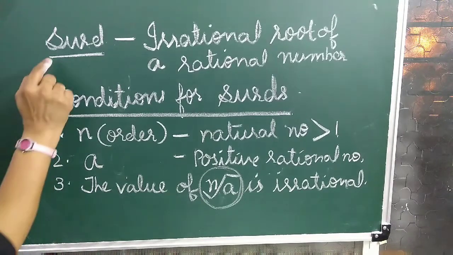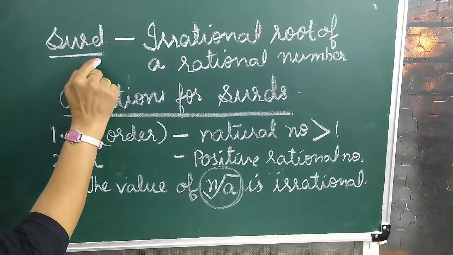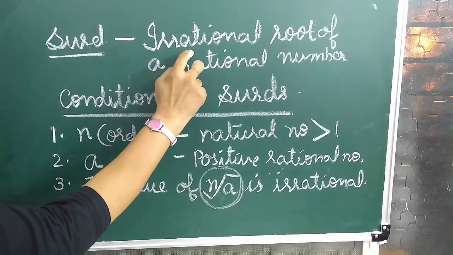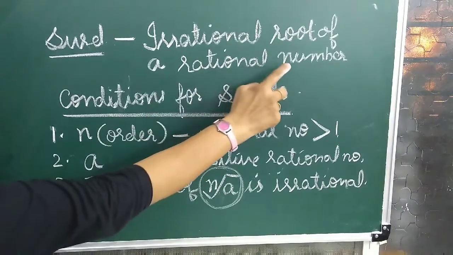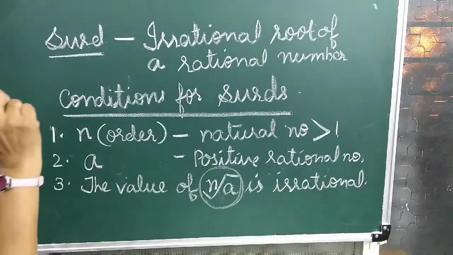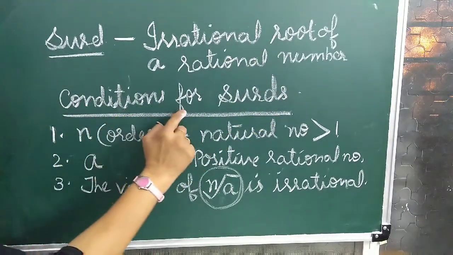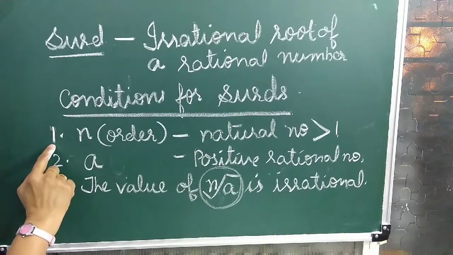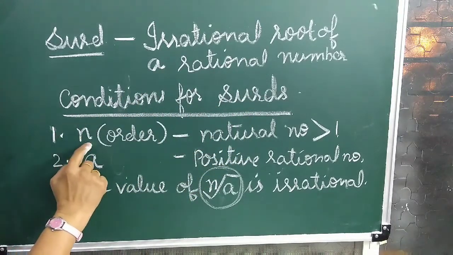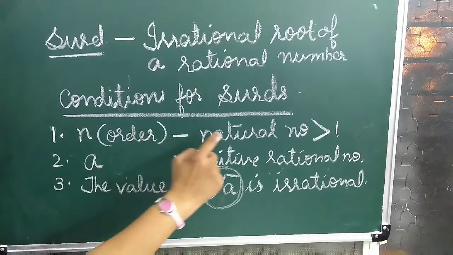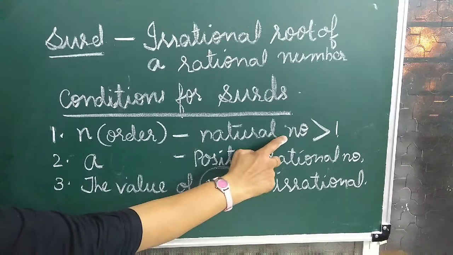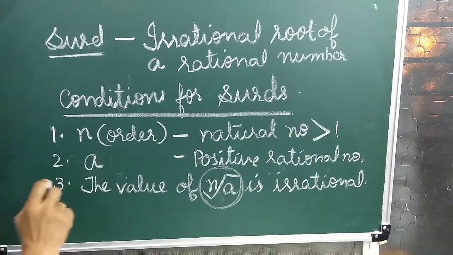Now, what is a surd? An irrational root of a rational number. Now, conditions for surds. First, n, that is the order, is a natural number greater than 1.